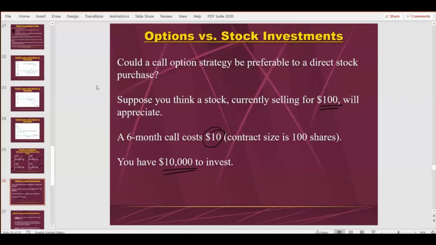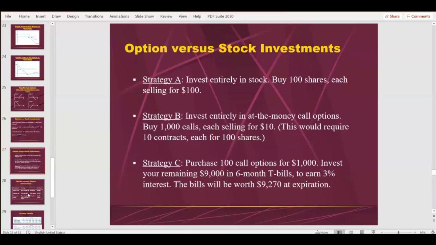This means each call option will cost me $1,000. However, each contract will allow me to buy 100 shares over that 6 months period.